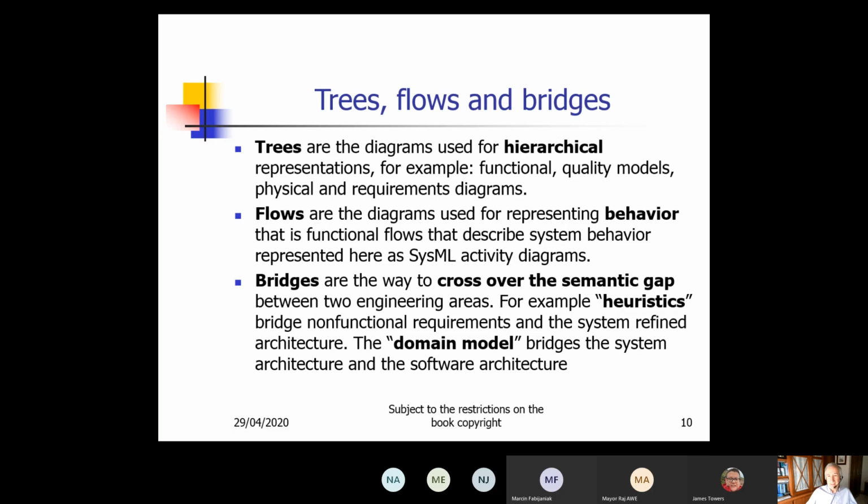And for the semantic gap between the system architecture and the software architecture, the bridge is a UML model of the classes that will be implemented as software. This conceptual model is called the domain model. This is not new, and is used by many people in the software domain, but it's very important here as well.